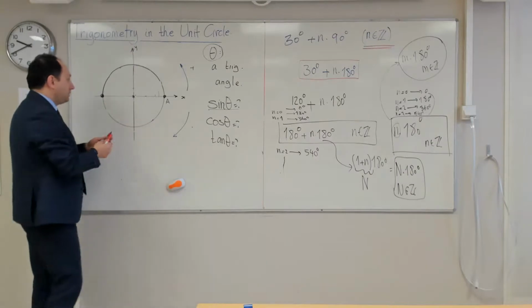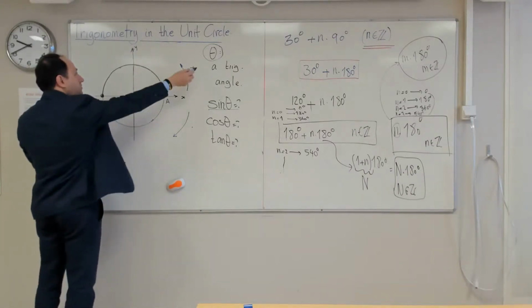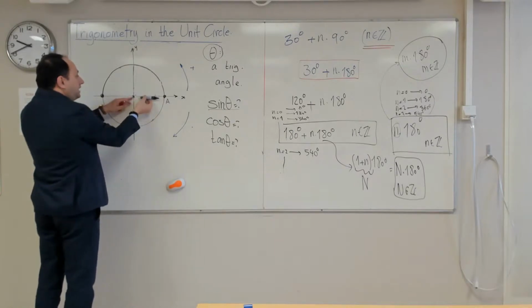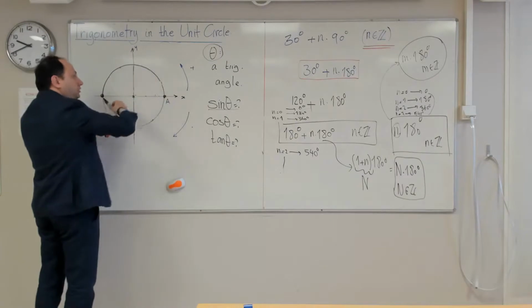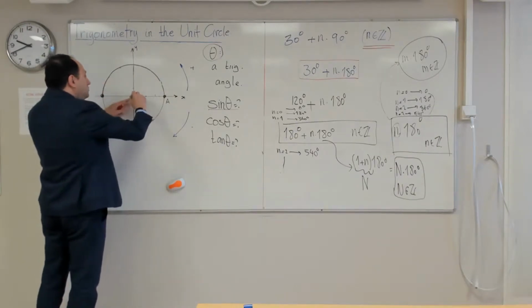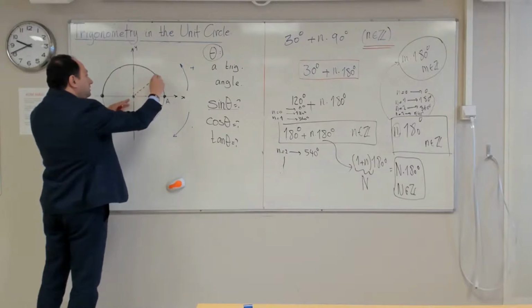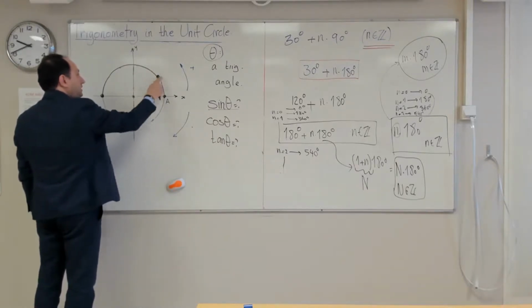For definiteness of discussion, let me say something like this. Assume that you put your leg here. If this is so big, you start rotating over and over again. If this is small, you just rotate a little bit. But anyway, assume that you rotate and you end up here.